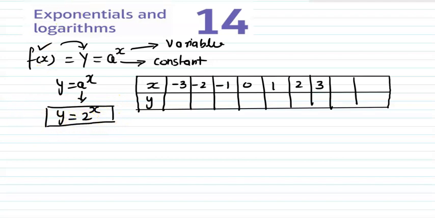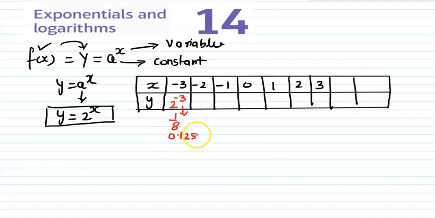So pick up your calculator and 2 to the power x. Here it should be 2 to the power -3. If you solve it, it is 1 over 8. And if you divide 1 by 8, you get 0.125.